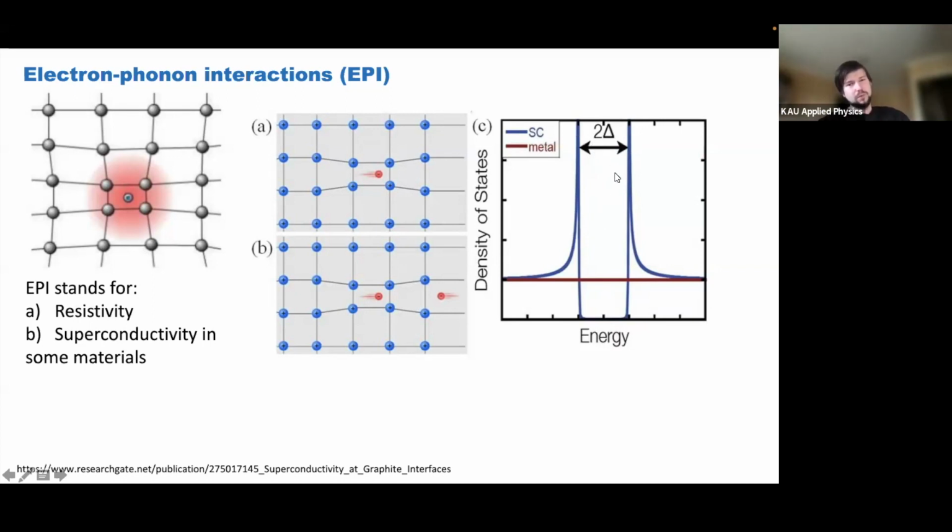So superconductivity opens a small gap, and on both sides in the density of states we see these peaks, these anomalies. It means we have a lot of electron Cooper pairs which have the same energy, and they have super high mobility. That's in two words the mechanism.